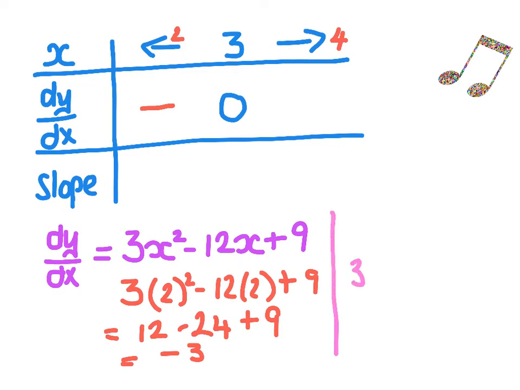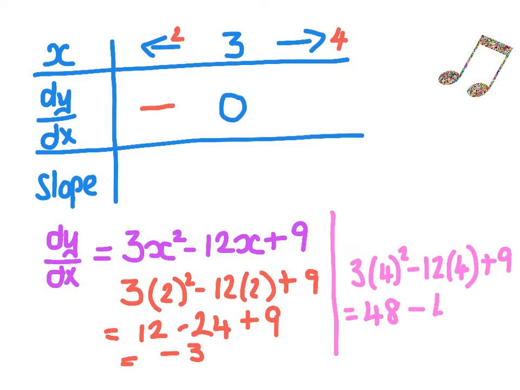So 3 times 4 squared minus 12 times 4 plus 9 is 3 times 16, which is 48, minus 12 times 4, which is 48, plus 9 gives me an answer of positive 9. So this time the slope is positive.